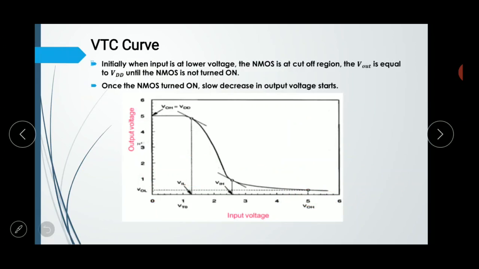Next is the VTC curve. Here in the x-axis input voltage is taken and in the y-axis output voltage is taken. Initially, when the input is at a low voltage, the NMOS is in the cutoff region, meaning when the input voltage is at its minimum value, Vout is equal to VDD, until the NMOS is turned on, and at that time Vout is denoted as VOH.